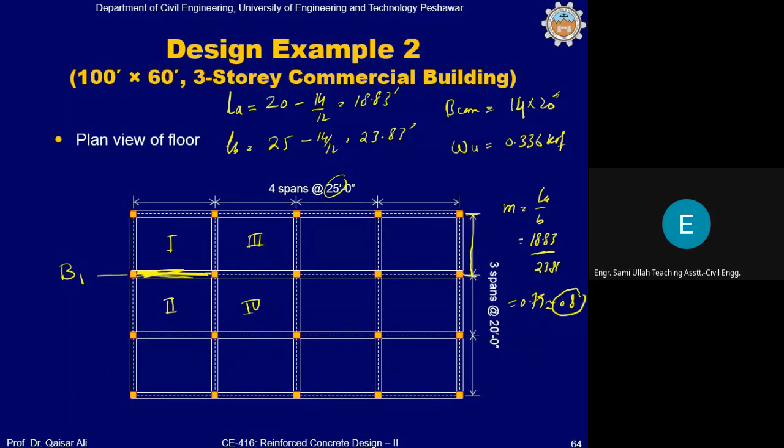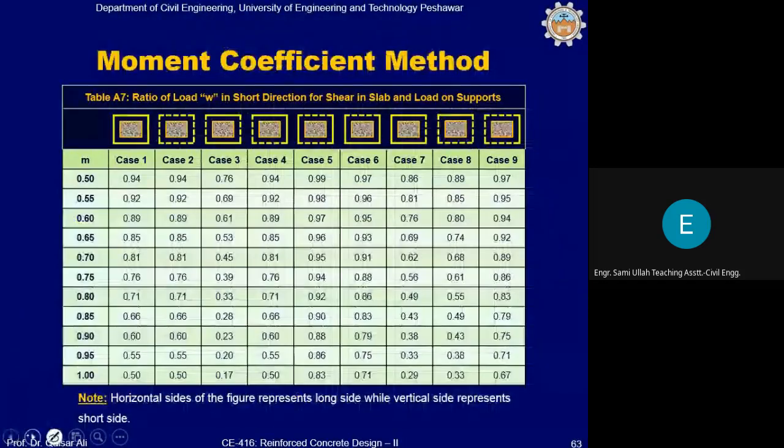And load acting on this beam B2. So for these, we need two coefficients, WA for panel 1 and WA for panel 2.